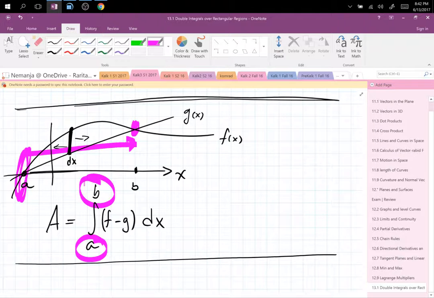Or you can think of it as we get to draw this infinitely thin representative rectangle at every point between A and B. I like to think of it as it's swiping across, but it's actually infinitely many of them stacked next to each other, filling in all of the space.